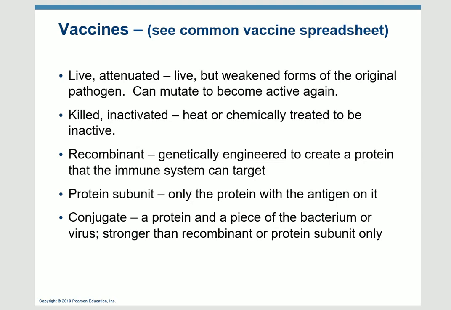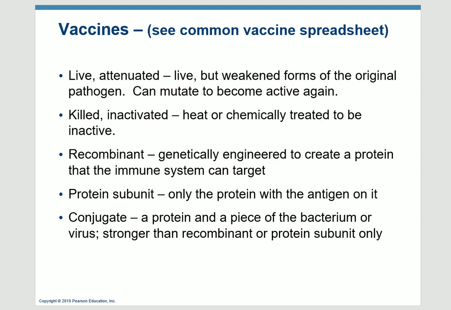So before I was born, I'm from Europe originally, my parents actually got the BCG vaccine. So now if they have to do a tuberculosis skin test, it's always going to show a positive because that attenuated vaccine is still in their system.